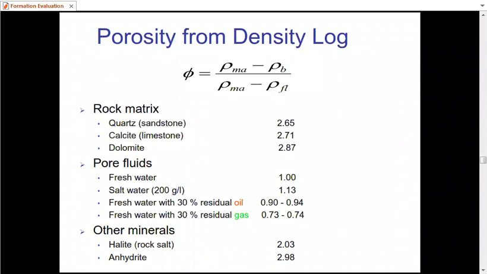So you will use the equation for porosity from the density log, and this is an example to be utilized in this calculation, with different values for rock matrix like sandstone, limestone, dolomite, and also the borehole fluid, starting from fresh water, salt water, fresh water with 30% residual oil, and also fresh water with 30% residual gas, and the other minerals like halite and anhydrite.